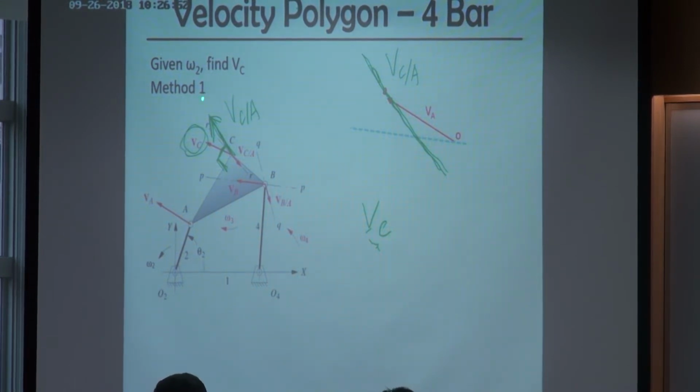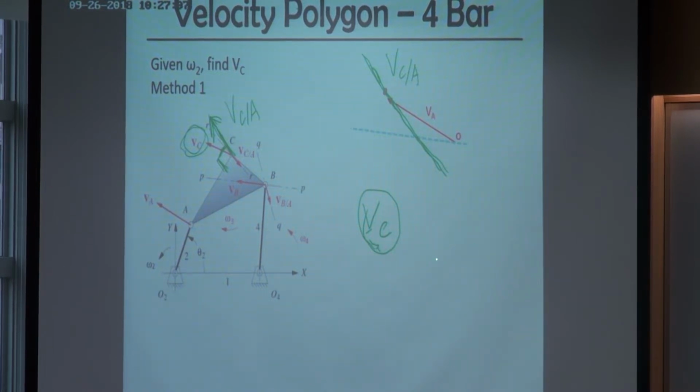In order to find VC, I also need to find this line. I also need to find VC. But right now, do we know any information about VC? Do we know the magnitude of VC? Probably not. How about the direction?